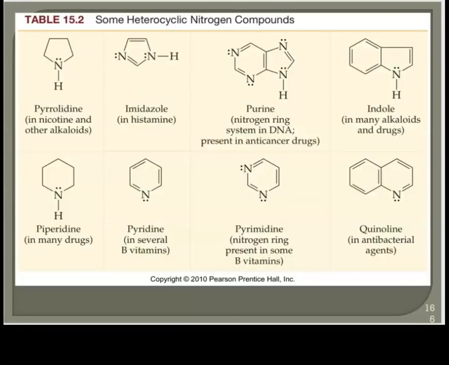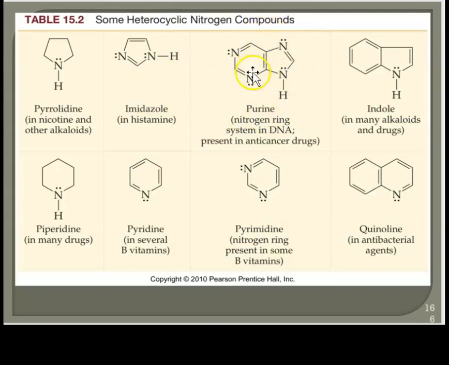And I want to show you some nitrogen-containing compounds that are common in biochemistry. Pyrrolidine in nicotine, and imidazole looks very similar to histamine, and this can commonly be used in purification techniques for different His-tagged proteins.